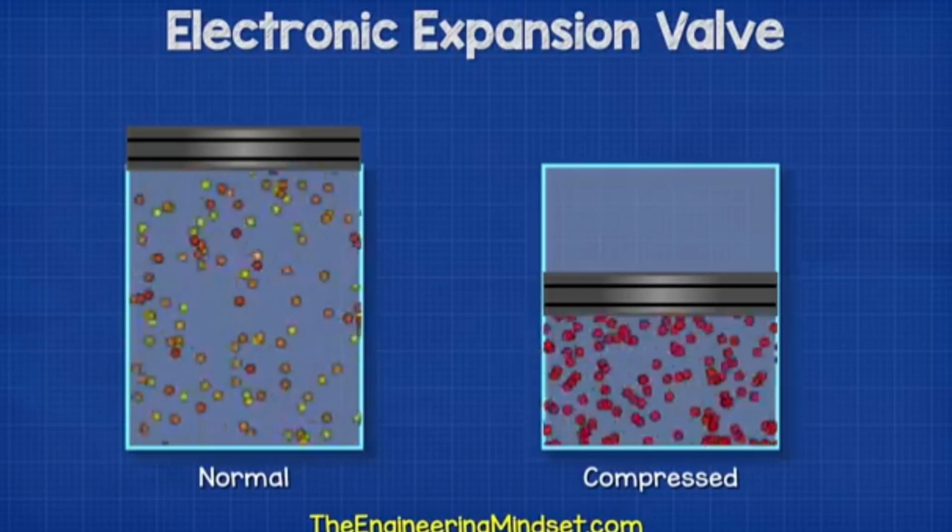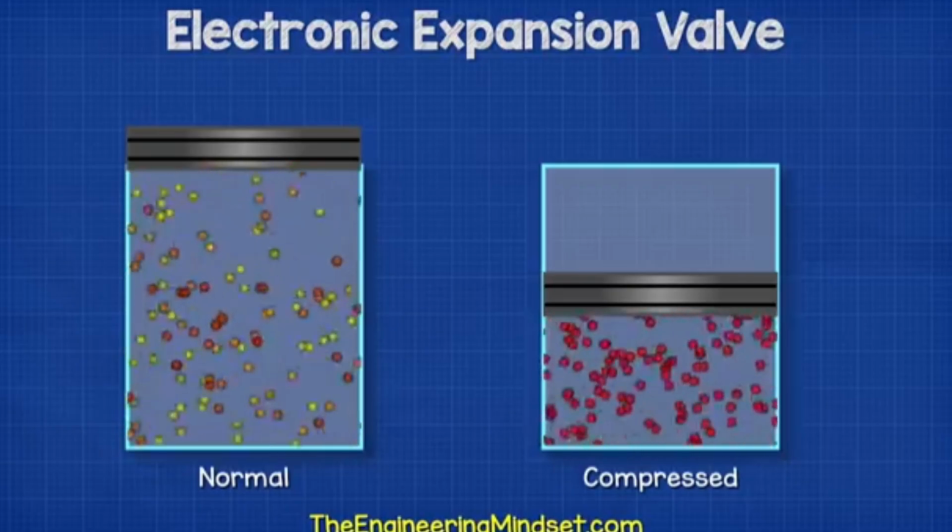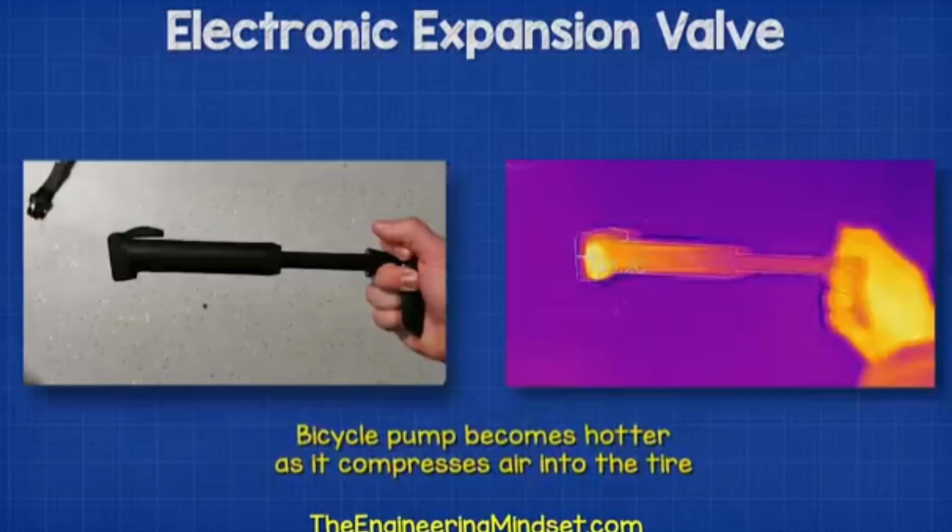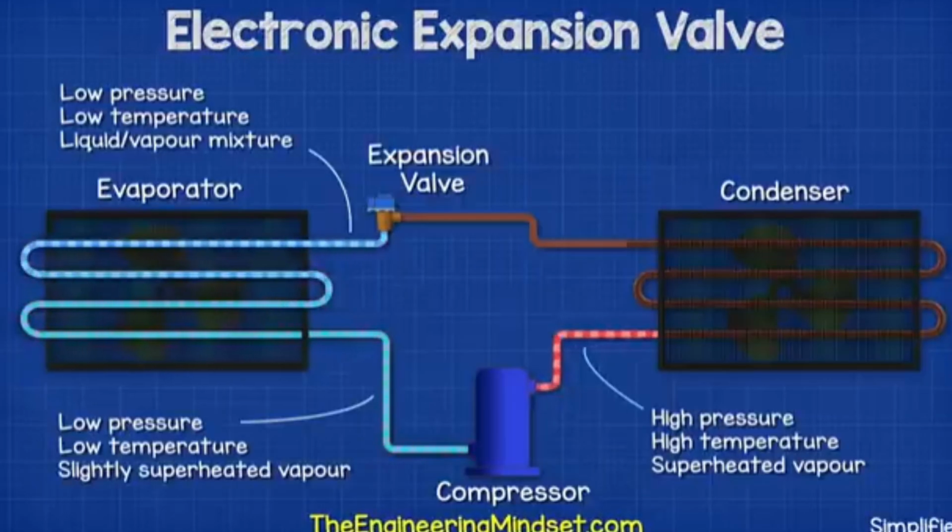This is very important, and we will see why in just a moment. But if you've ever pumped up a bicycle tire, you will notice the pump becomes hotter as it's compressing the air. The refrigerant is then pushed into the condenser, where it enters as a high pressure, high temperature, superheated vapor.